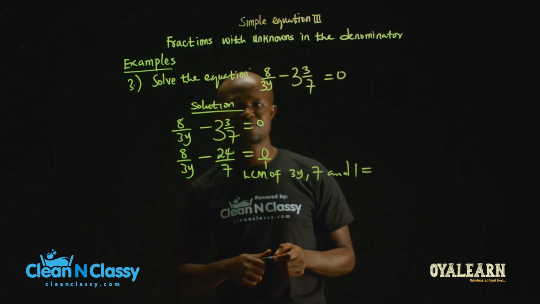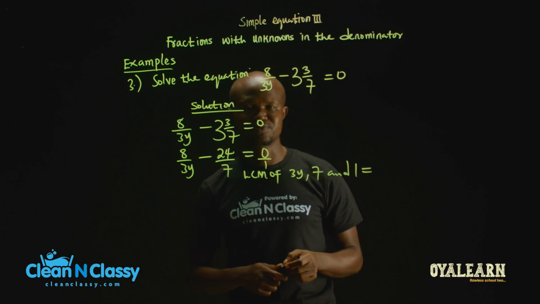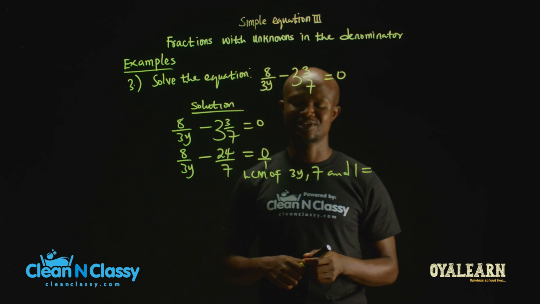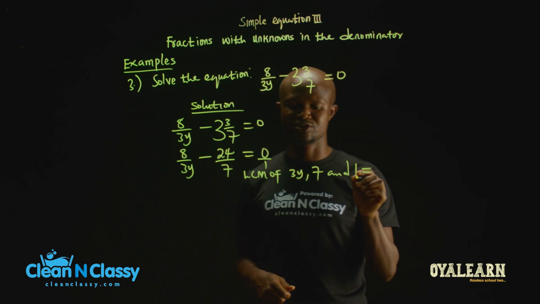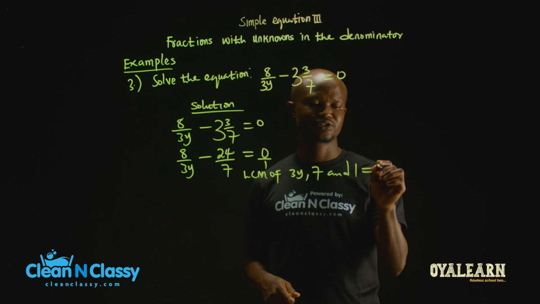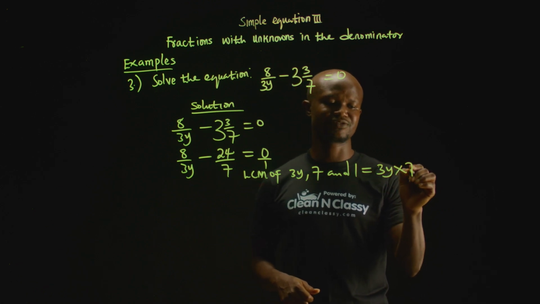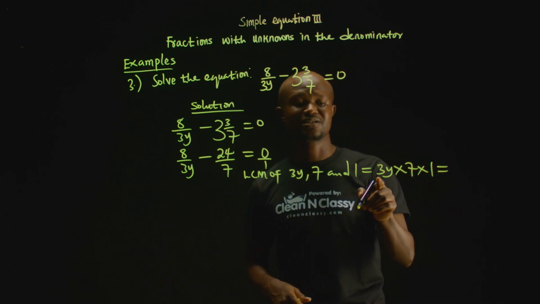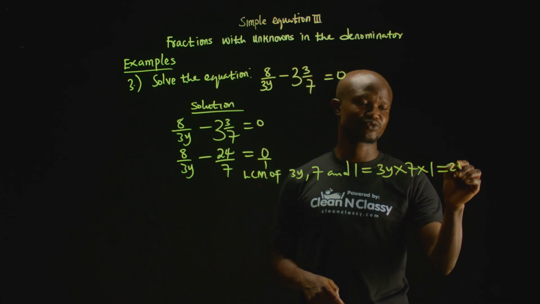Since the highest common factor of the three expressions is 1, the LCM of the denominators is going to be the product of the three expressions. So we have 3y times 7 times 1. And that will give us what? 3y times 7 is 21y, and times 1 we have 21y.